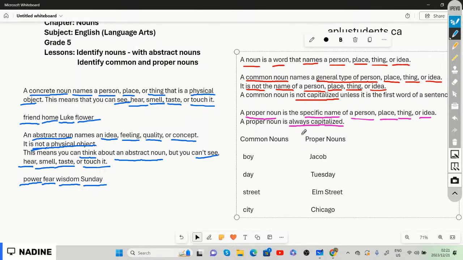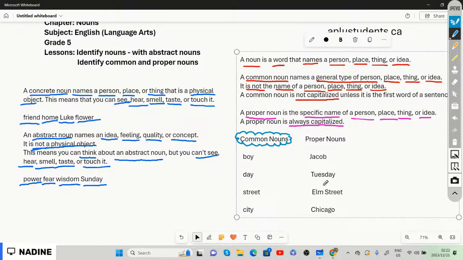So when we look at common nouns, right? We said common nouns name general types of people, places, things, or ideas, right? And we do not capitalize it unless the word is the first word of a sentence.